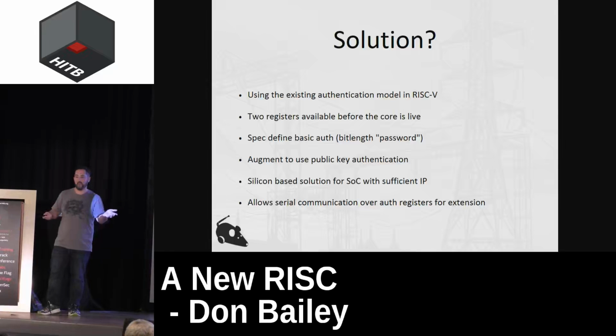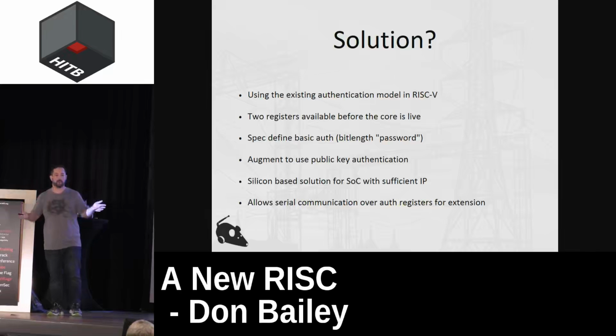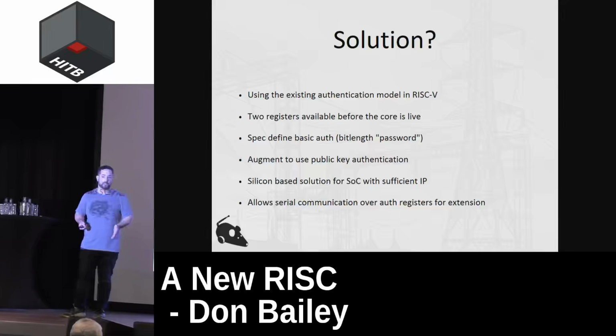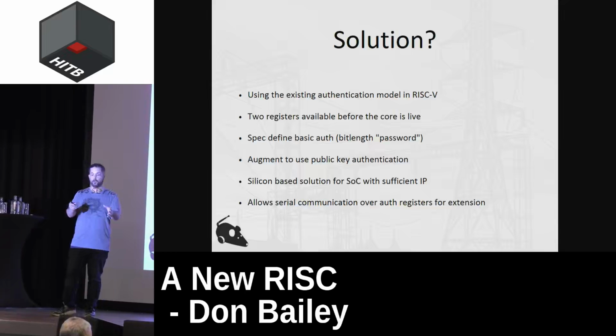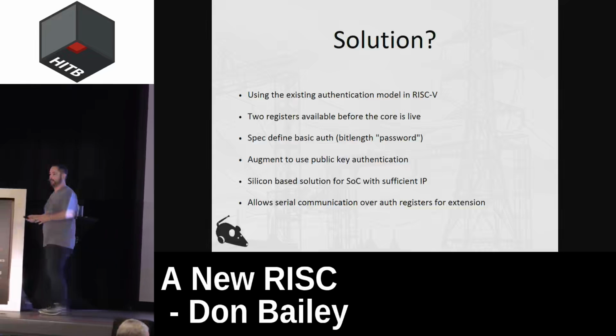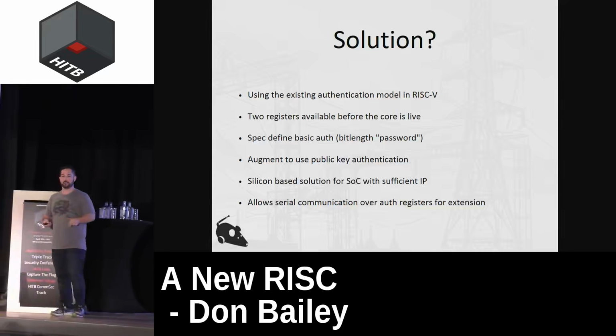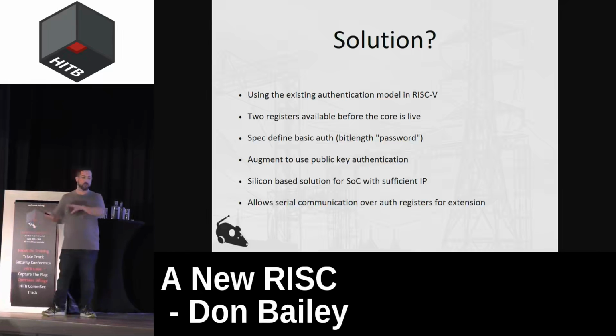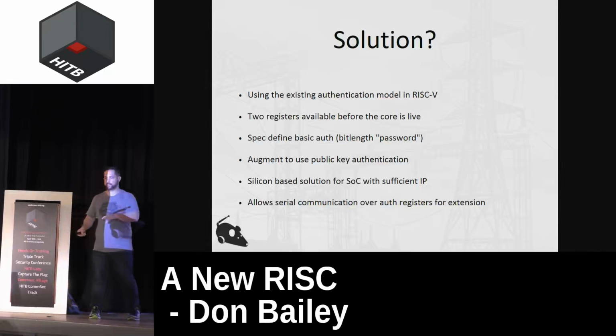So the cool thing is that now we can implement any type of authentication scheme we want. And the debug specification is basically going to say, here's an example of how we're implementing public key authentication. So now we can do public key authentication where something can be signed. We don't actually have to store a security key in silicon or somewhere in like mask ROM or something of that nature.